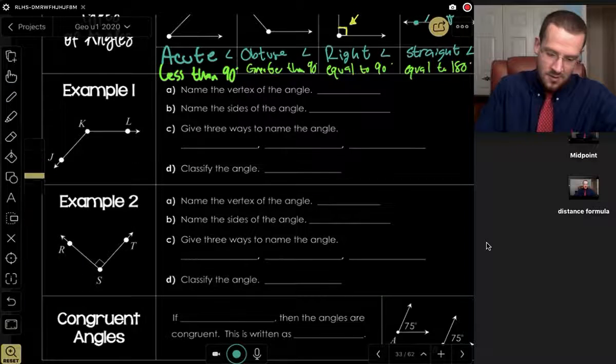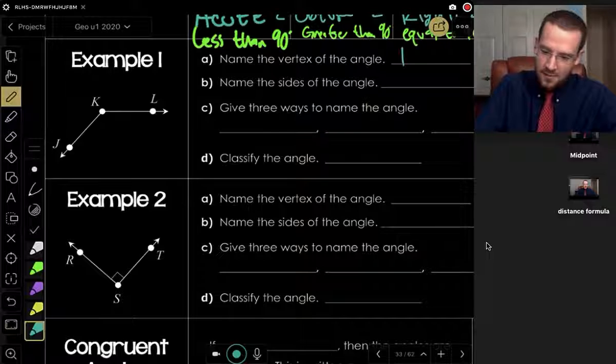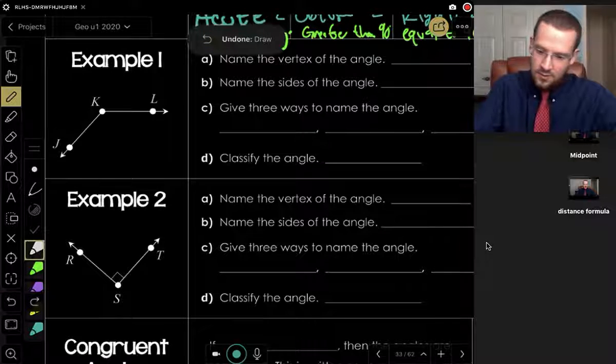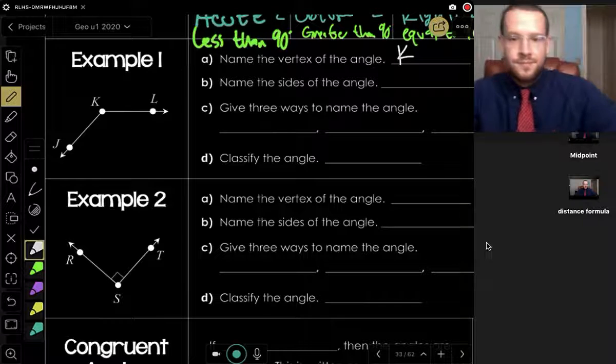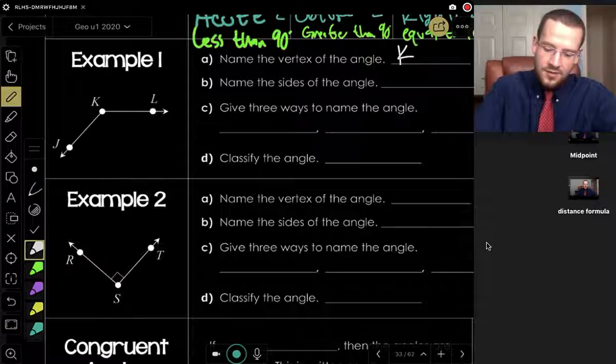And if you remember, I said that if you just write a capital letter K, that means the point K. And let me write that so it doesn't look gross. There we go. Name the sides of the angle. This is less important. Sides of angles are always the rays.